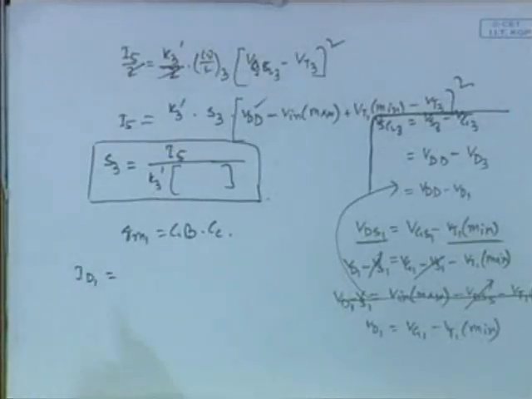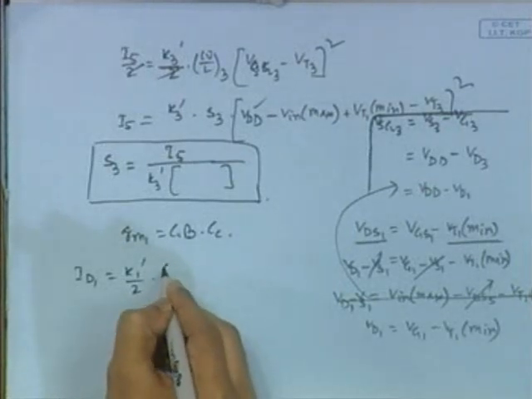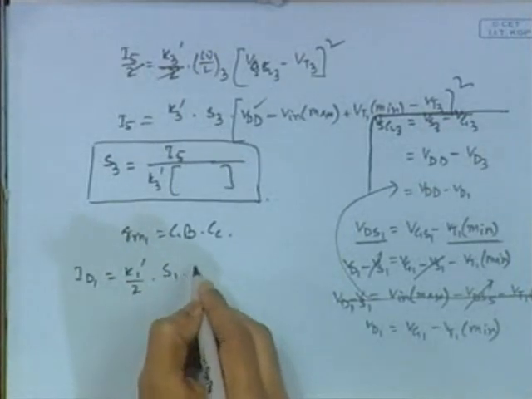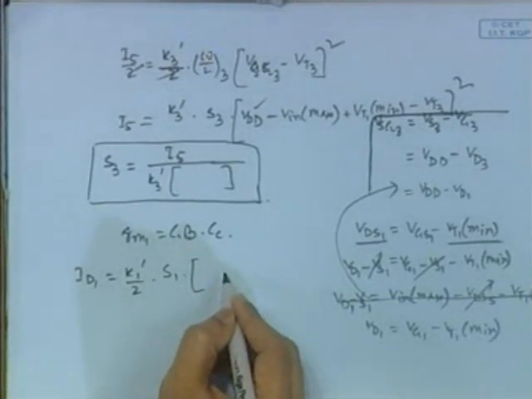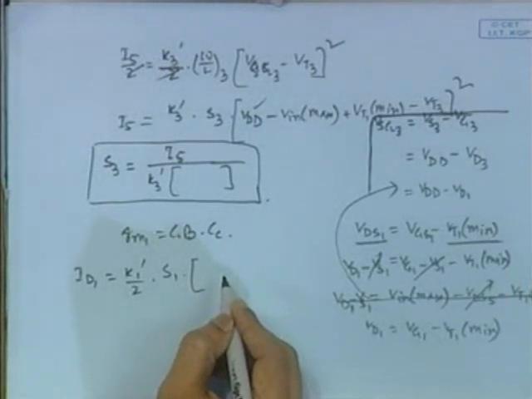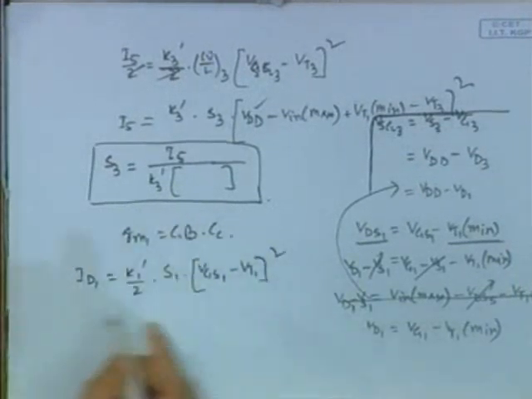Clear? Now what is the current through the M1 transistor? That is also I5 by 2. I'm not writing that, I am just writing ID1. ID1 is basically K1 dash divided by 2 into S1, the aspect ratio of M1, into VGS1 minus VT1 whole square. So what is GM1?